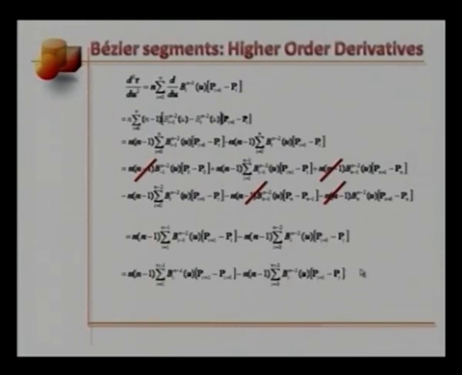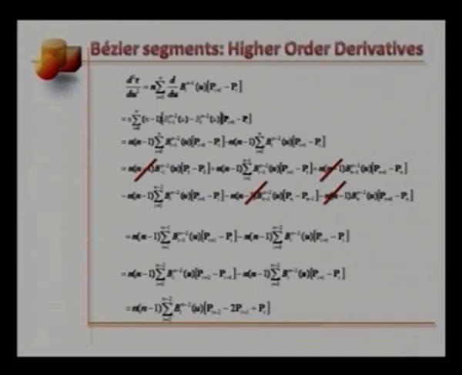We rearrange this expression to get the final result as n times n minus 1 summation i going from 0 to n minus 2, the ith Bernstein polynomial of degree n minus 2 now times p i plus 2 minus 2 p i plus 1 plus p i.